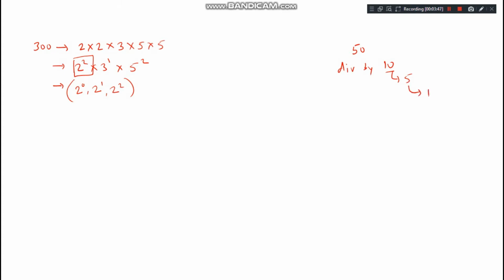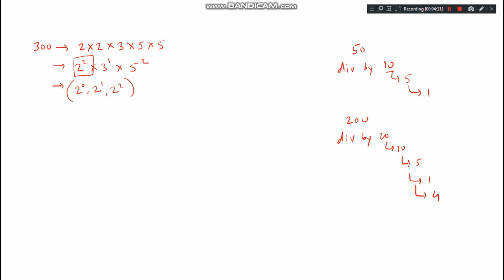Suppose if I take a number 200, 200 is divisible by suppose 20, right? So if 200 is divisible by 20, then it should be divisible by 10 as well, it should be divisible by 5 as well, and it should be divisible by 1 as well, it should be divisible by 4 as well, right? So all the factors of 20 will also divide the given number.